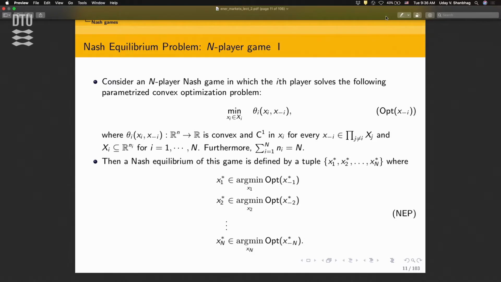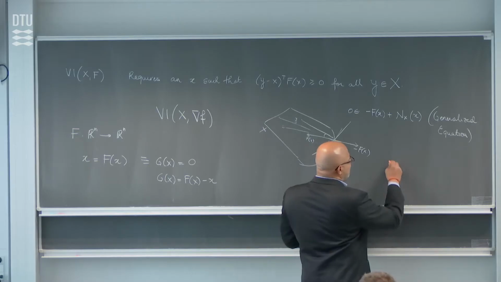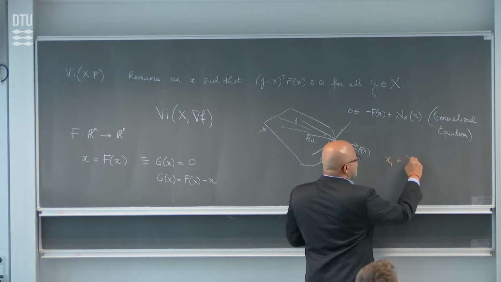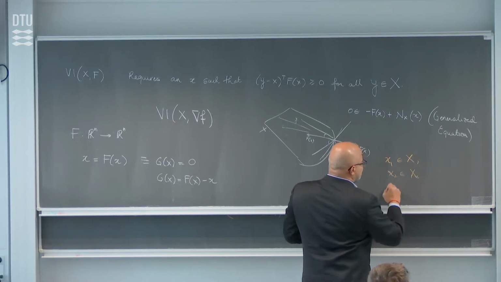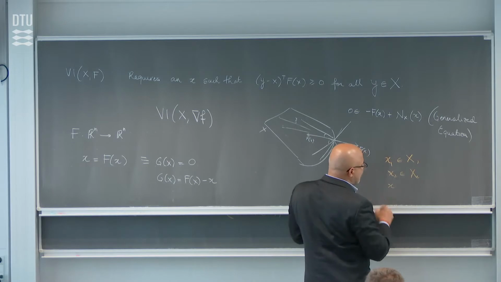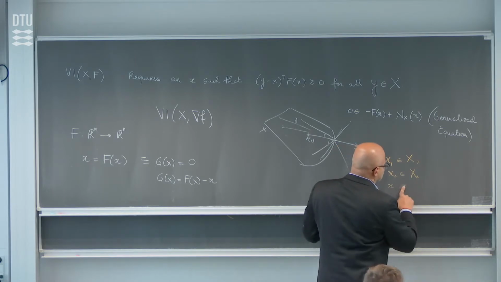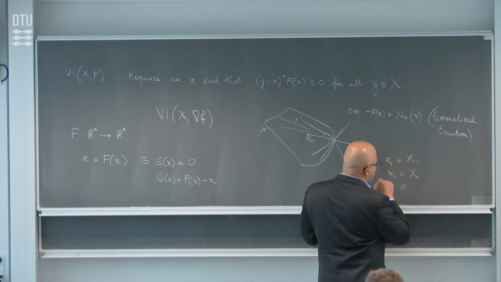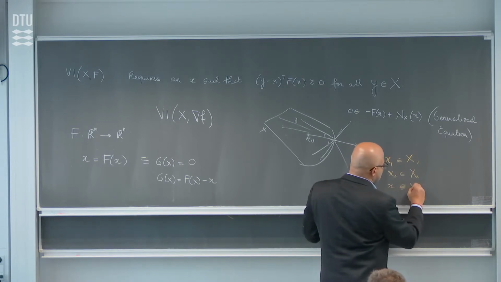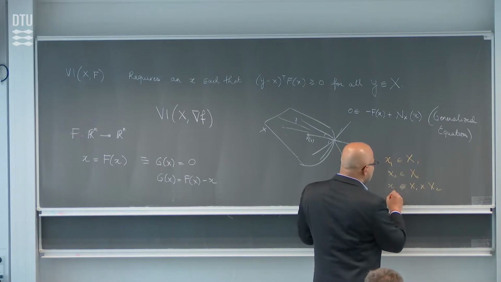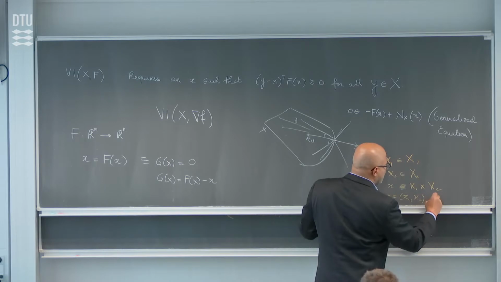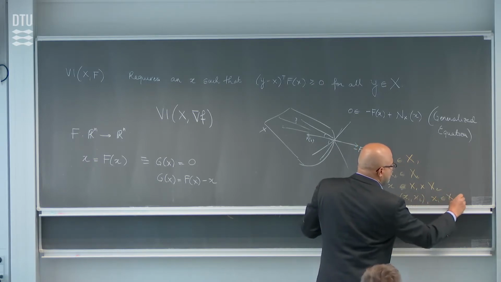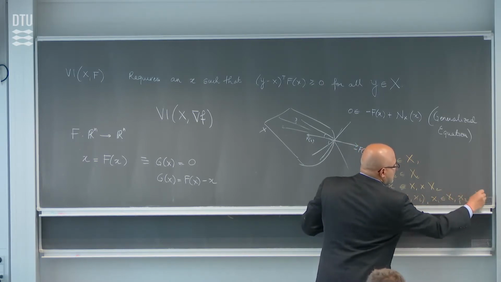Just so that you know, if x1 lies in X1 and x2 lies in X2, then the vector x, made of x1 and x2, lies in X1 times X2. It just means that x is of the form (x1, x2), where x1 lies in X1 and x2 lies in X2.